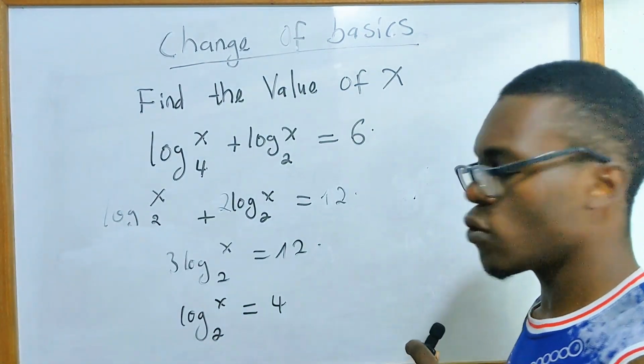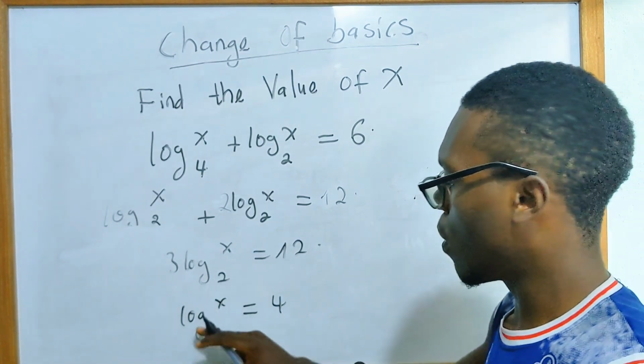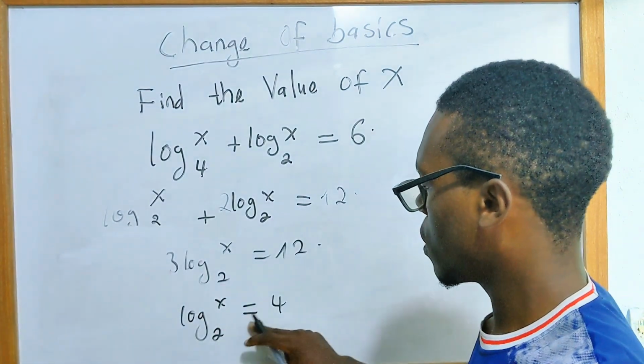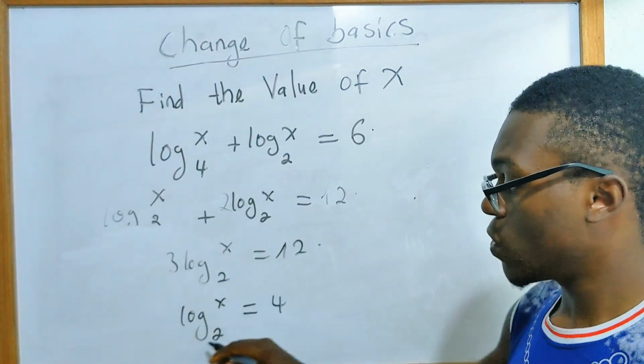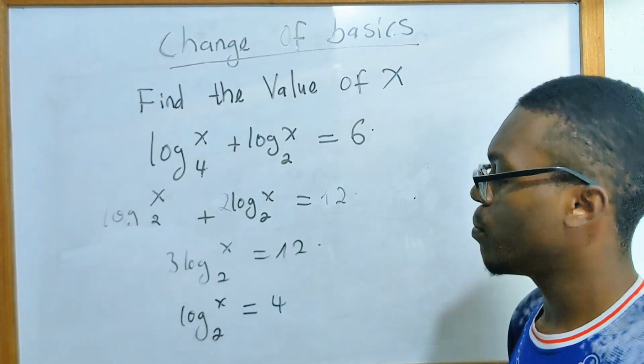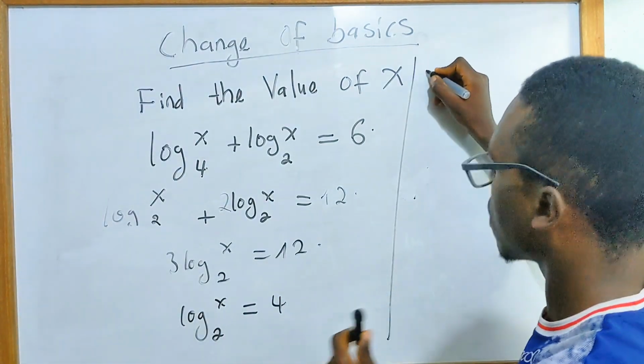At this point now, you have to punch on our calculator so as to have the x. Log x base 2 equals 4.